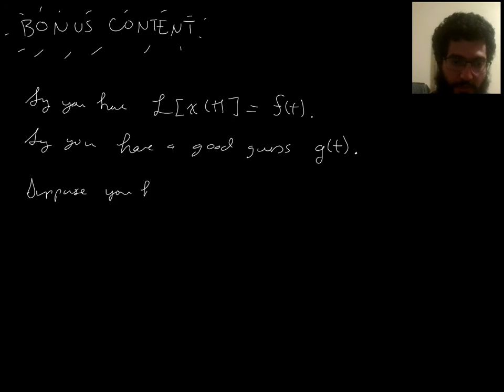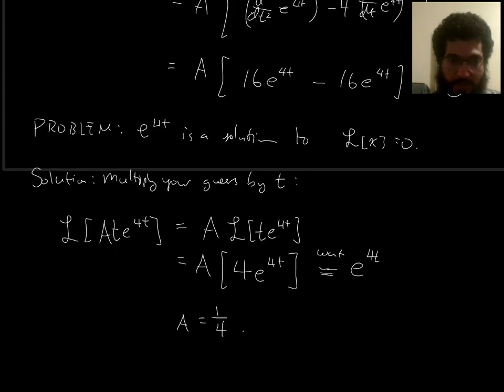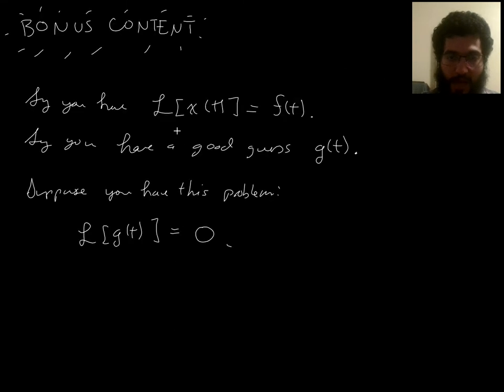Suppose you have this problem that your initially good guess that you thought was good, g of t, is actually a solution to the homogeneous version of this. So you actually get 0 when you put in g of t. This is like our problem here, where e to the 4t was bad.